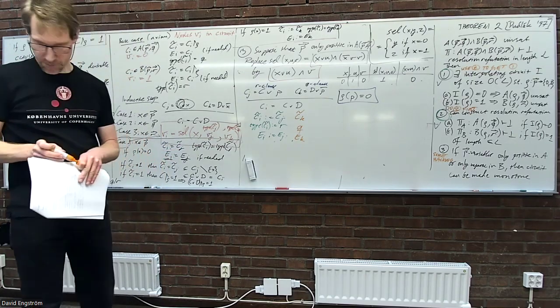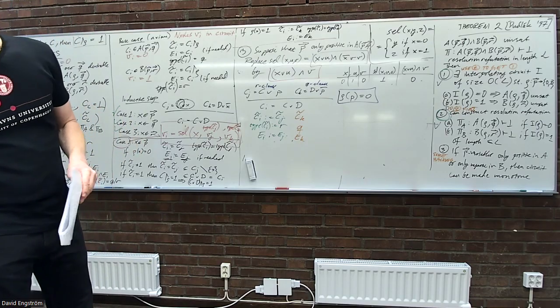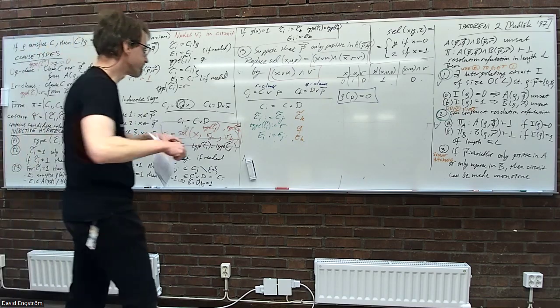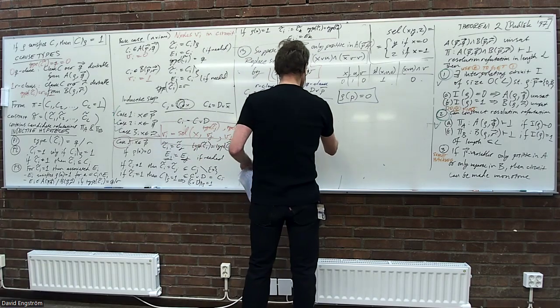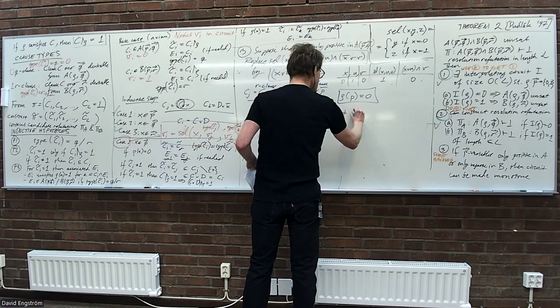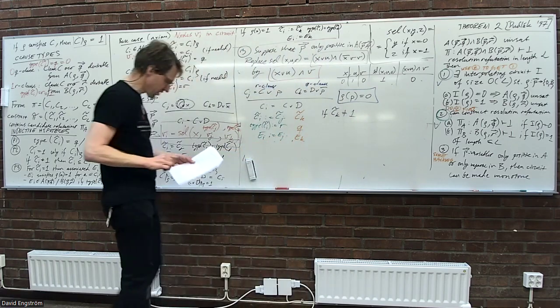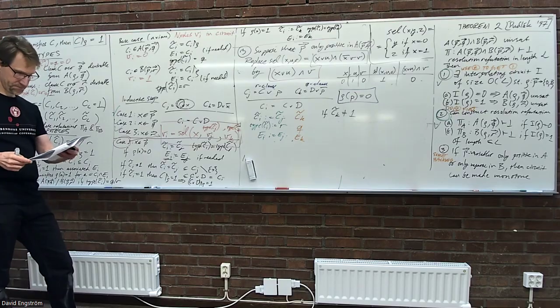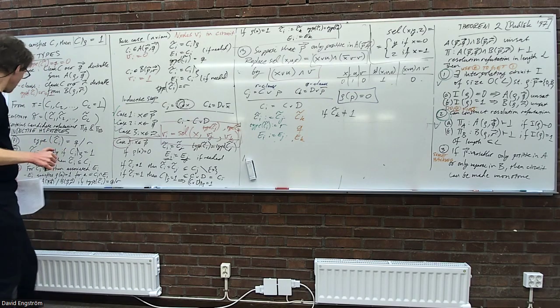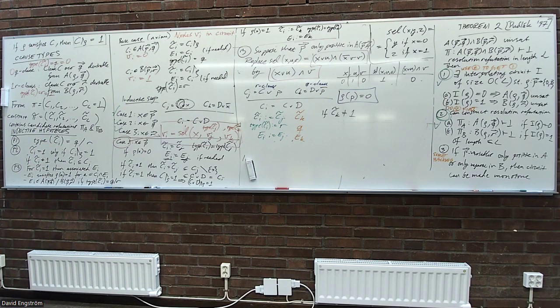Not necessarily. So let's see. Suppose Ck tilde is in fact a non-trivial clause, then I claim that we just go through everything again. I mean, copying will always give us a clause of the right type.